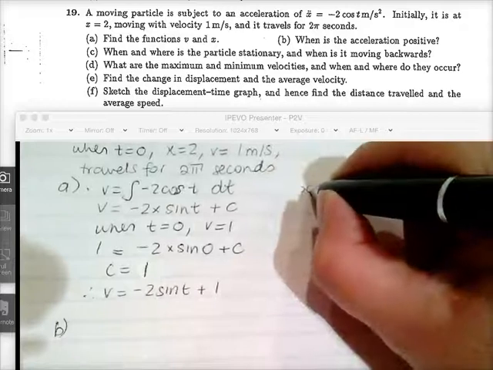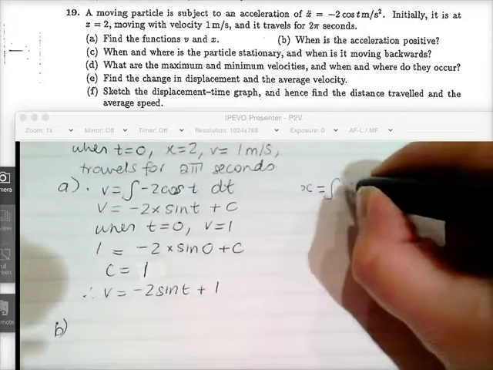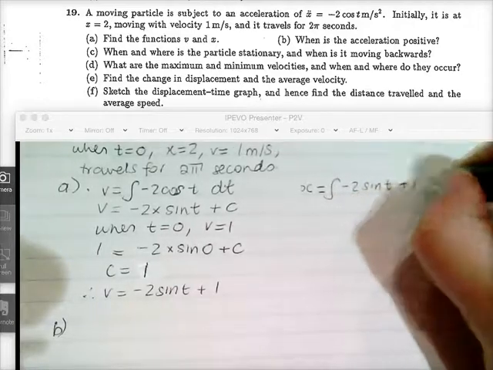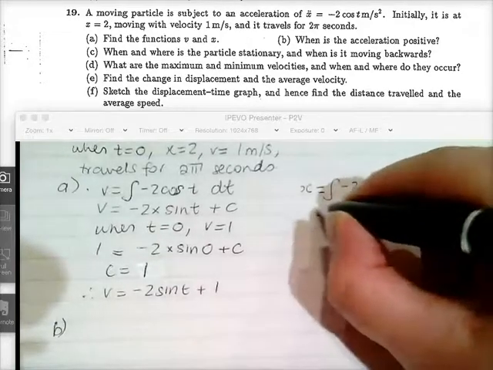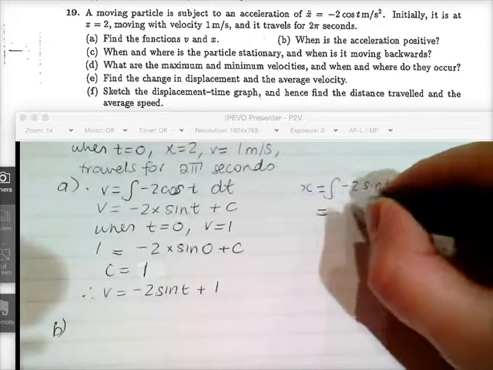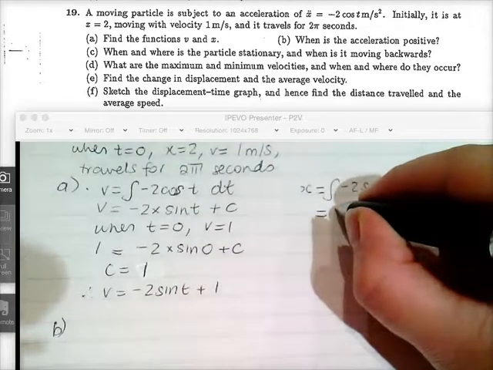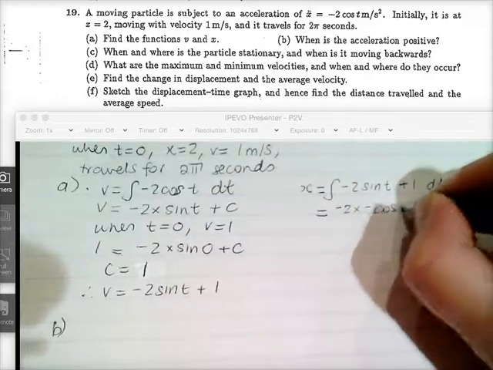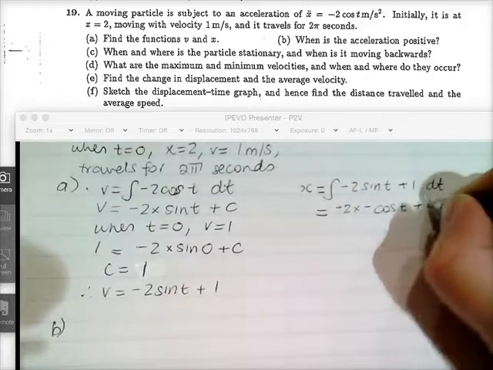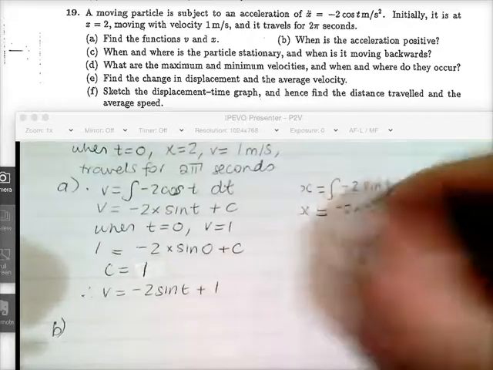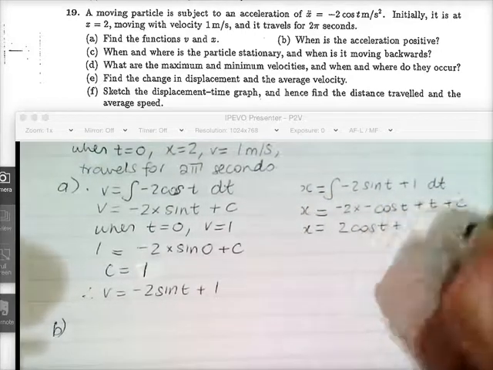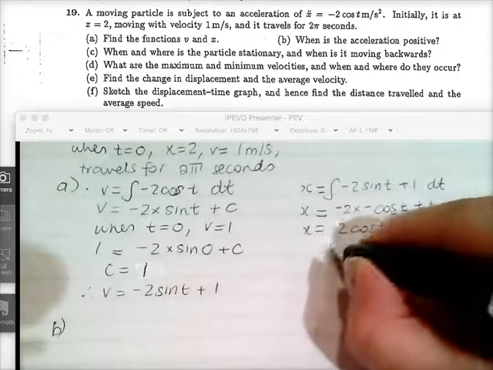We may as well do the function for x. x equals the integral of v, which is negative 2 sine t plus 1 dt. Integrating sine, you get negative cos, so you'll get negative 2 times negative cos t plus c. So therefore x is positive 2 cos t plus t plus c.